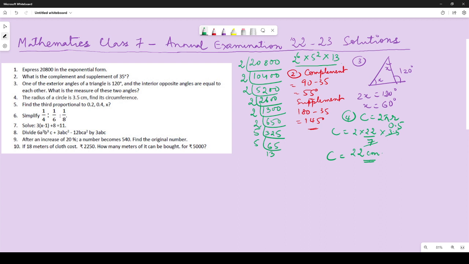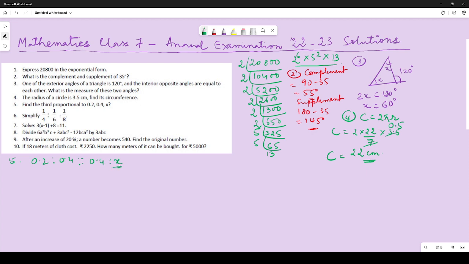Now let us take up the next question, which is question number 5. Find the third proportional to 0.2 and 0.4. So what you had to do was 0.2 is to 0.4 as 0.4 is to x.